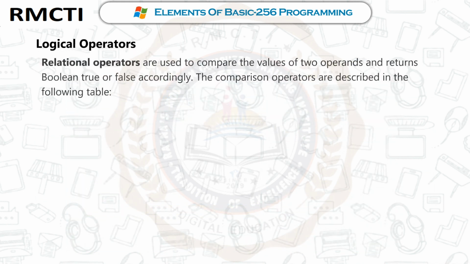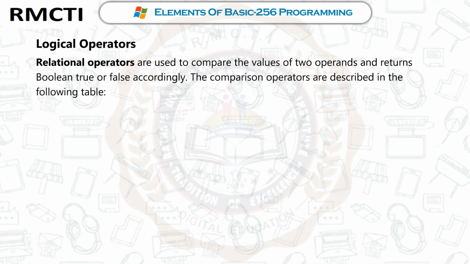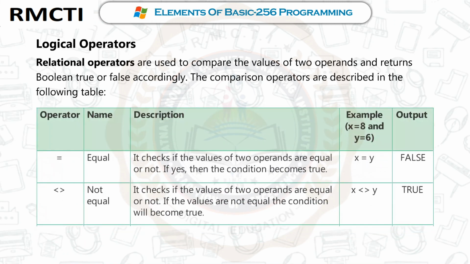Relational operators. Relational operators are used to compare the values of two operands and return Boolean true or false accordingly. The comparison operators are described in the following table. Operator, name, description, example, x is equal to 8 and y is equal to 6.